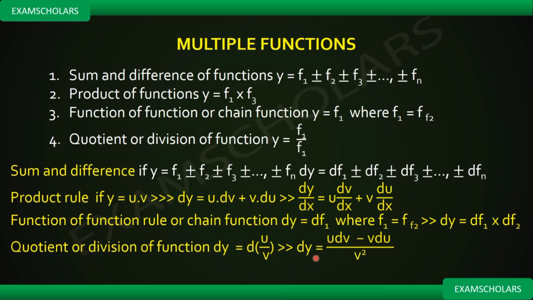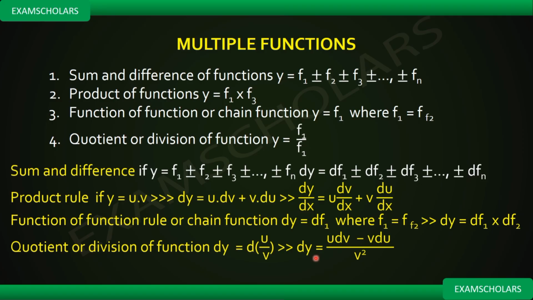I also explained that functions can multiply each other, which is also known as product of functions, and that leads to the product rule that you can see here. Master this rule. I also explained that a function can have another function inside it, so one function nesting another function.